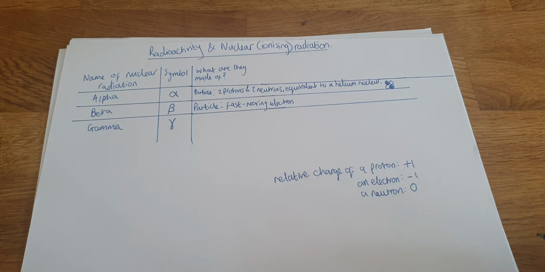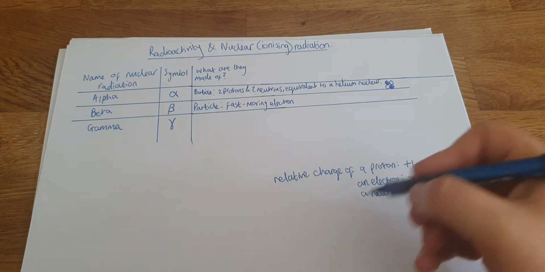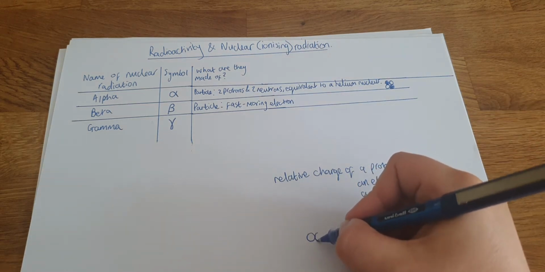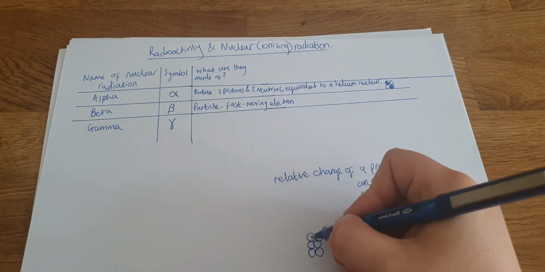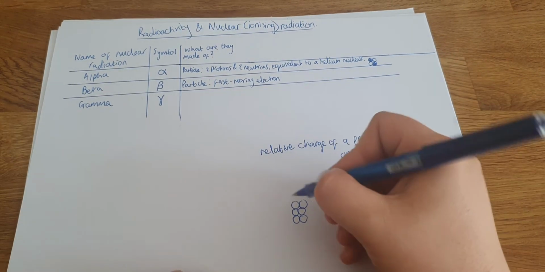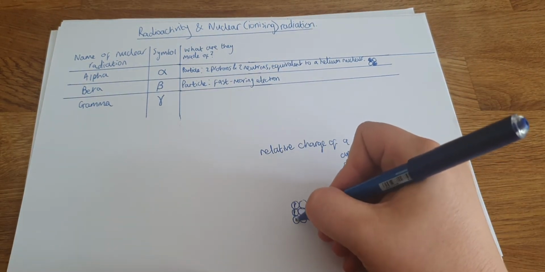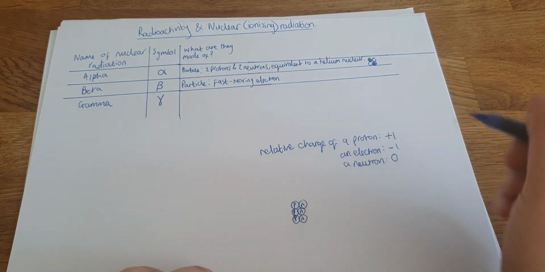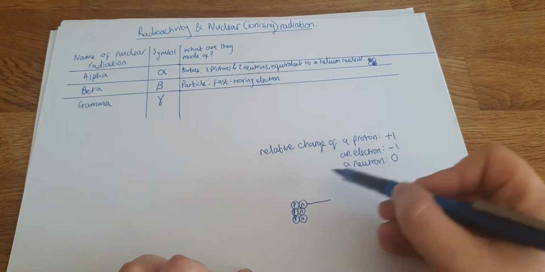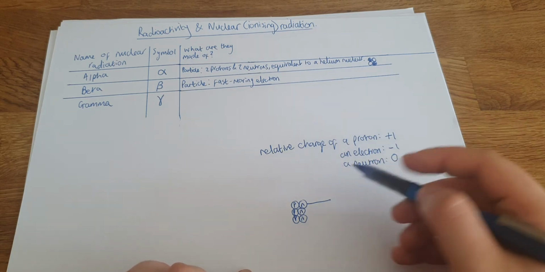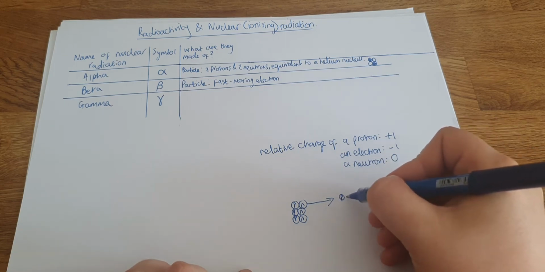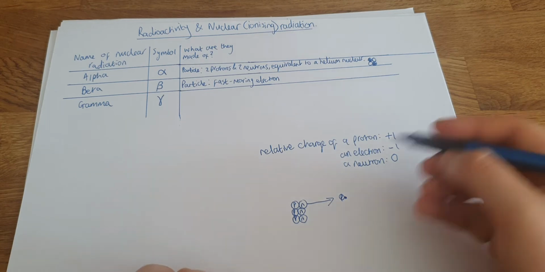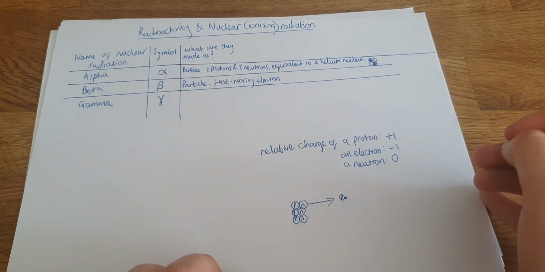So if my nucleus is containing protons and neutrons, what can happen, let's just do an example. Let's say, can you see? Yeah, I think you can see this. Everything with a P in is a proton, so 3 protons and 3 neutrons, everything with an N in. One of these neutrons, because it has a relative charge of 0, it can actually turn into 1 proton and 1 electron. I have to draw it tiny just to kind of show that it's a completely different size.